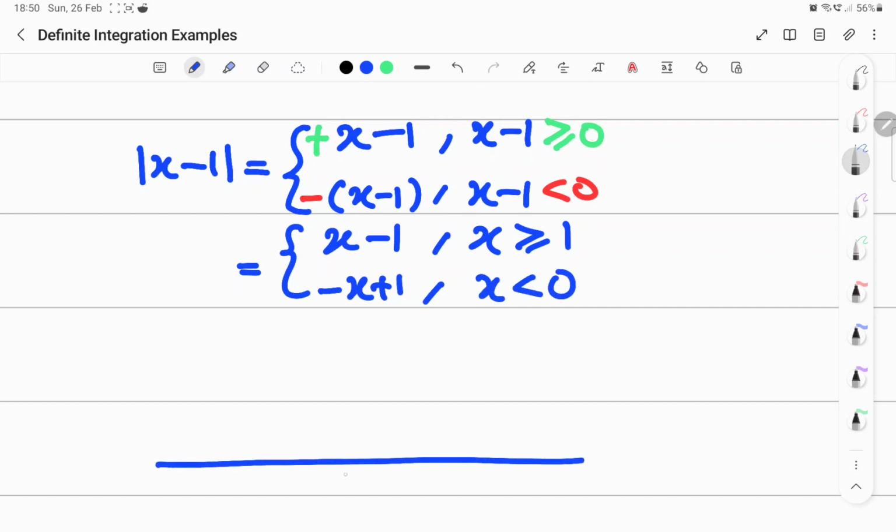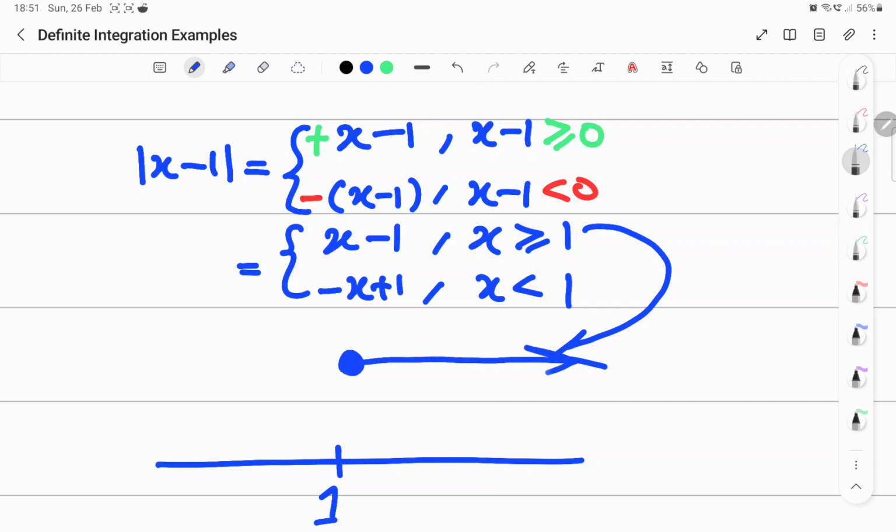Next, we represent everything on a number line. We represent 1 over here. And then let's represent the first interval with a dense circle with an arrow to the right, like this.